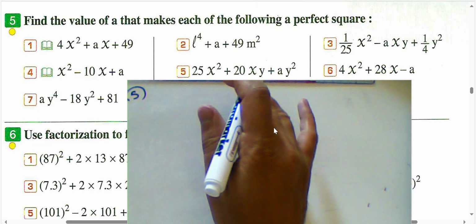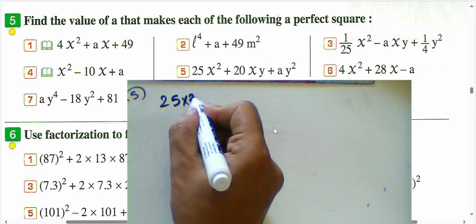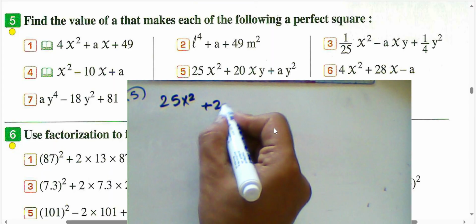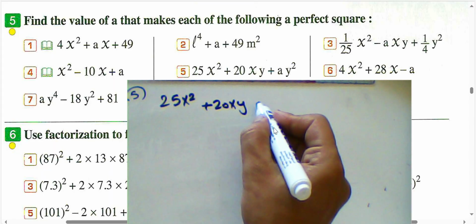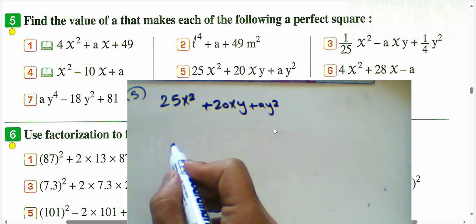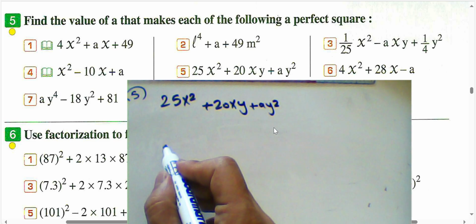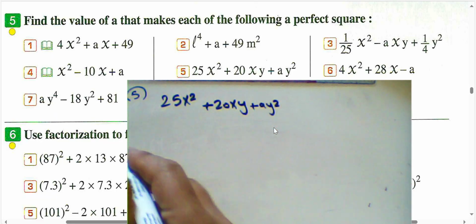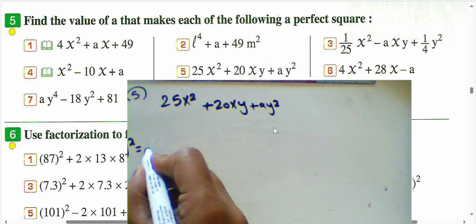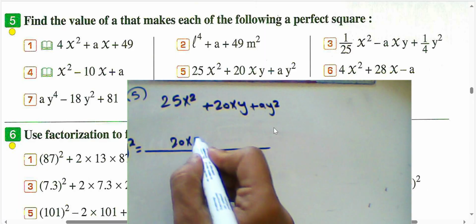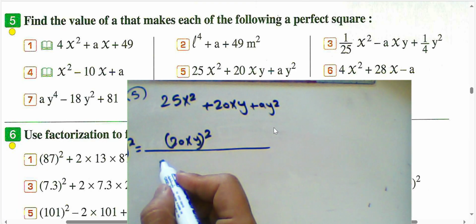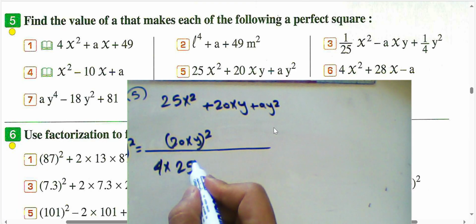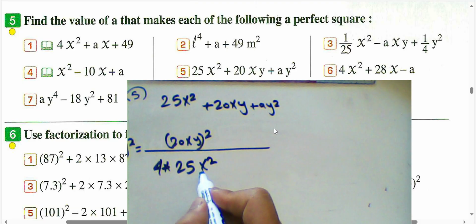Number 5, we have 25x power 2 plus 20xy plus a y power 2. Who can solve this example? A y power 2 lies in the third. Then a y power 2 will be equal to the middle, 20xy all power 2, over 4 product by the first, 25x power 2.